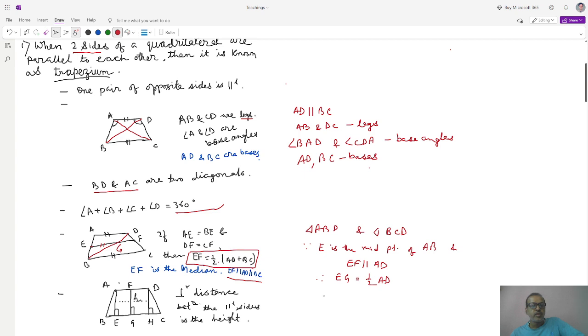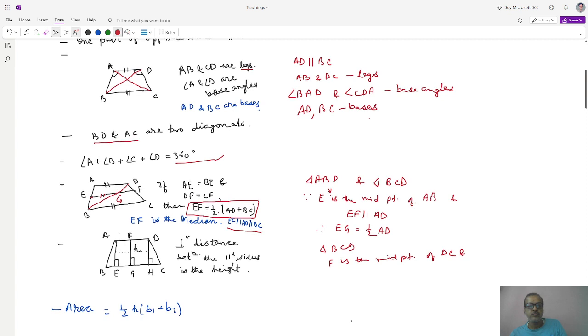Similarly, this is for triangle ABD, and for triangle BCD, F is the midpoint of DC and BC is parallel to EF.